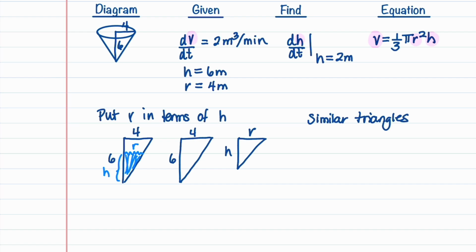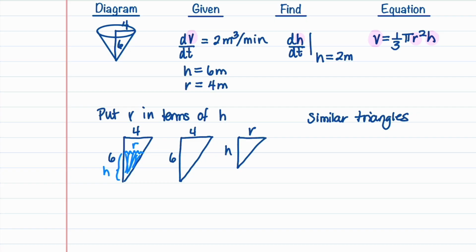Similar triangles tell us that the ratio of the size of the conical tank, 4/6, is equal to the ratio of the radius to the height. We can then solve for r, so we find that r is equal to 4/6 times h, which is 2/3 times h.